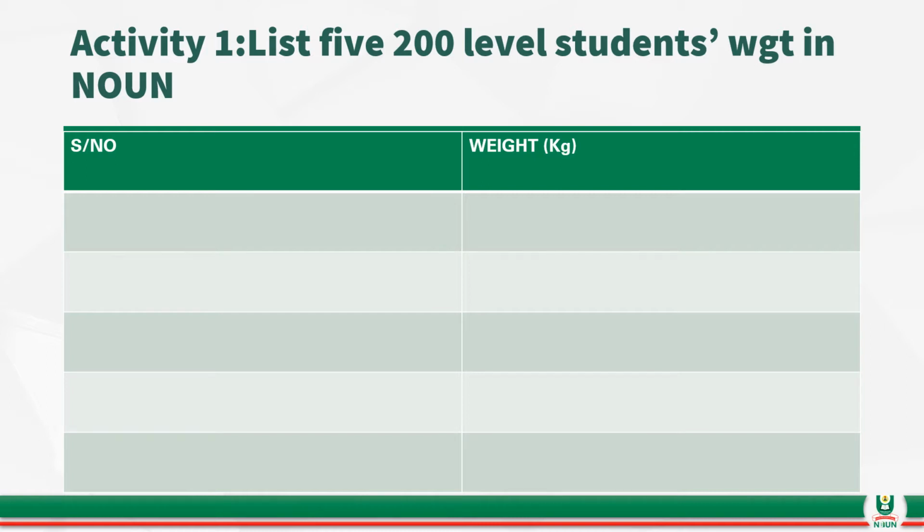One is the identity number, which is the serial number, and the other one is the variable. So the variable we're talking about here is the weight. 5 students at 200 level. So serial number 1, 2, 3, 4, 5, and their corresponding weights, which is the variable on the other column. That is what we're going to measure and list.